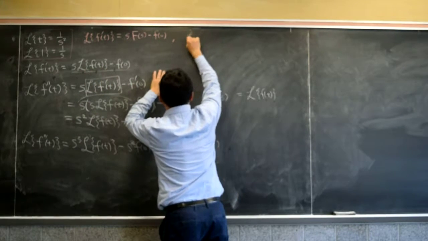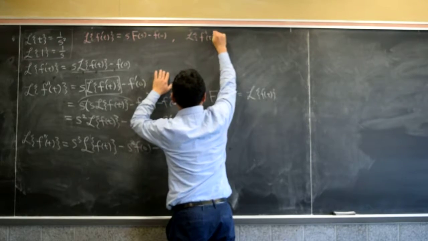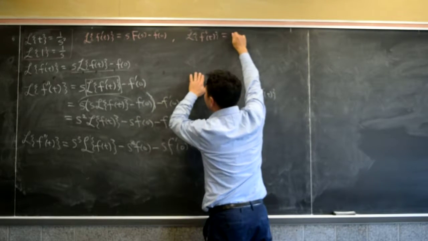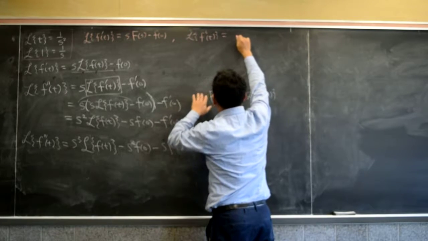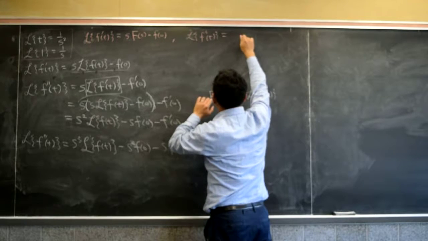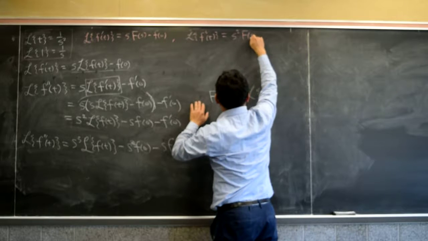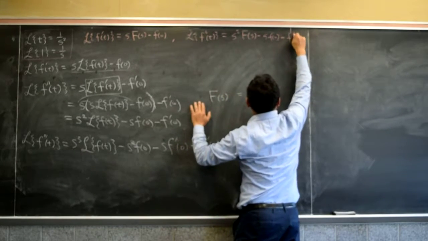And the Laplace transform of f double prime of t equals, what is it? s squared F of s minus s f of 0 minus f prime of 0.